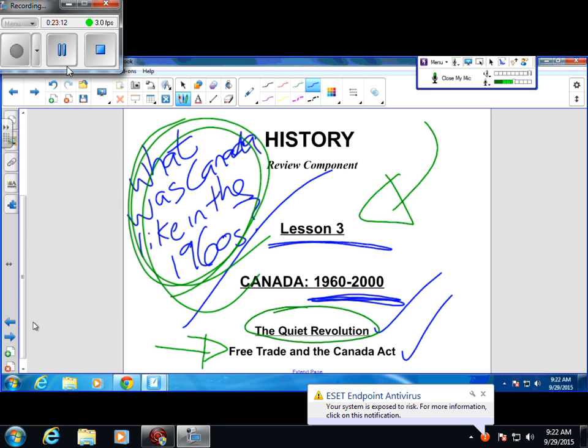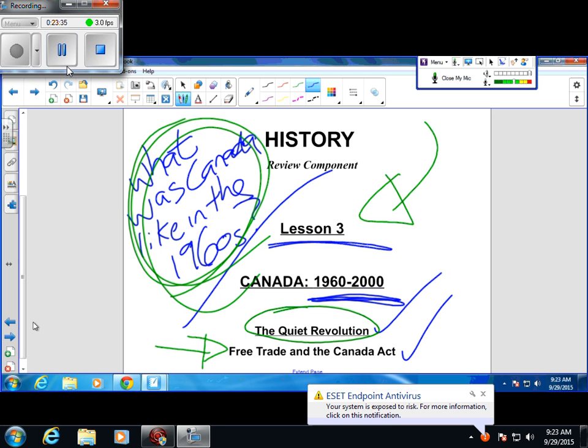In 1966, Canada had its own national health care, something that we have today, because we have free healthcare. Well, it started in 1966. Also in 1966, Canada started its own pension plan.